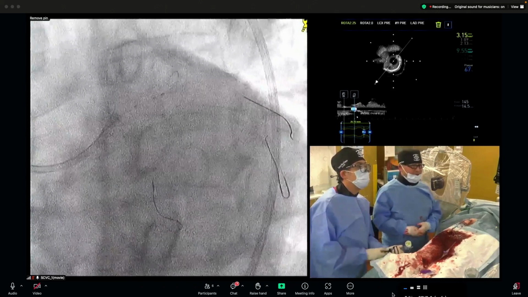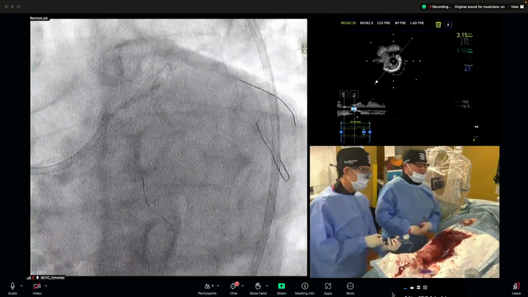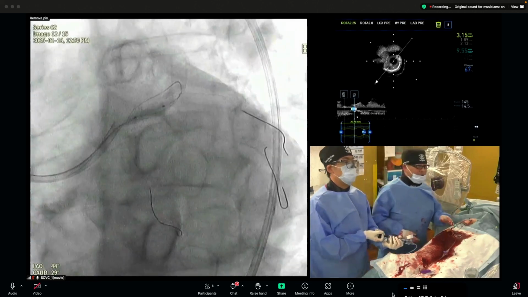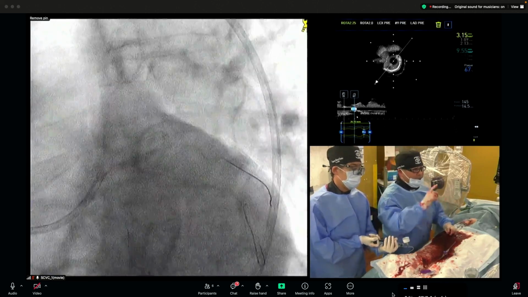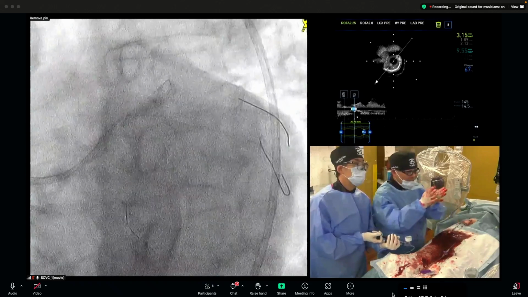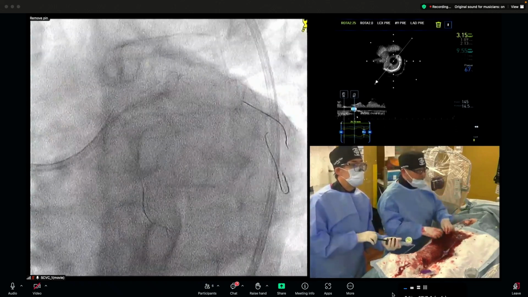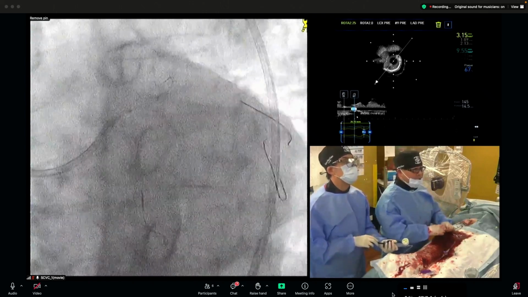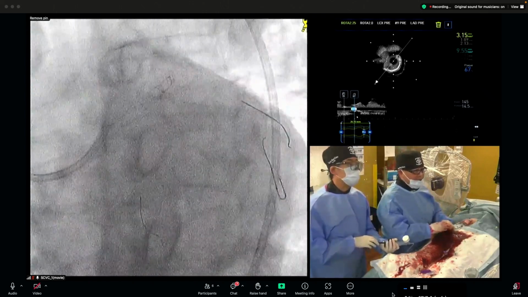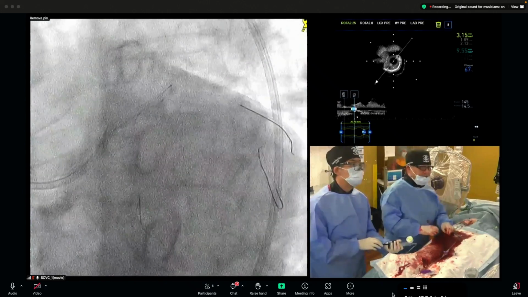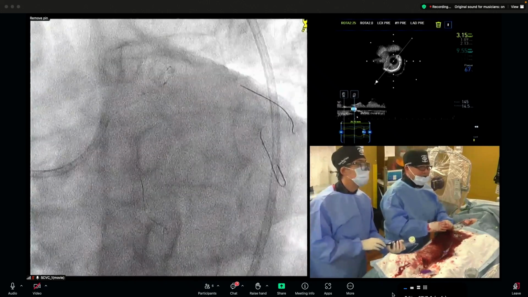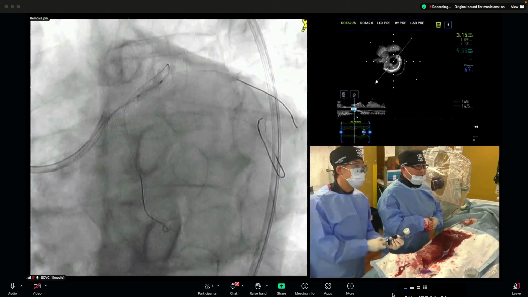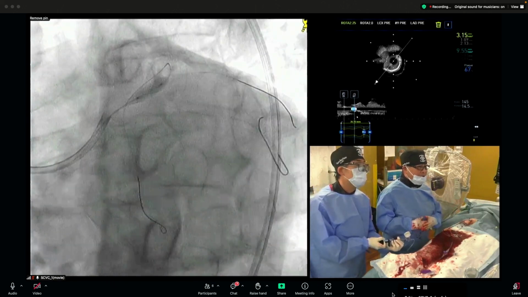Inflation 14. What size of balloon? Yes, I already used 2.0 and 3.0 cutting balloons, both cutting balloons. After that, this is a 3.5 for the proximal side. Of course, it's a cutting balloon, because I want to make cracks. Inflation 14. I don't always use a conventional balloon.